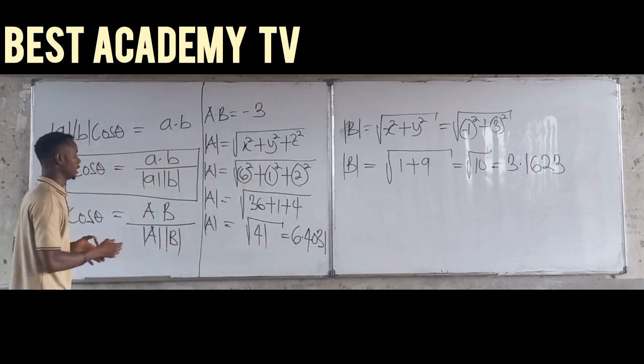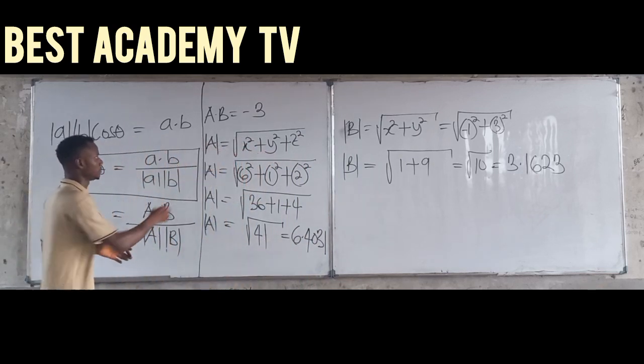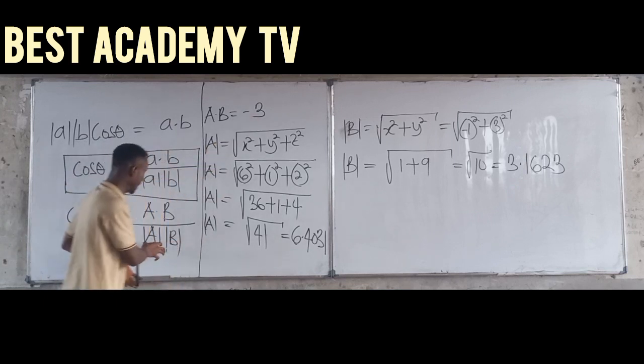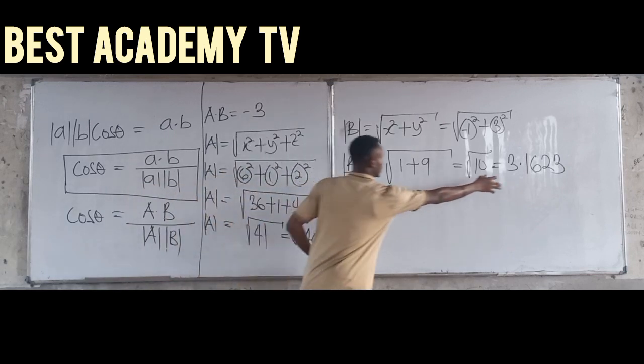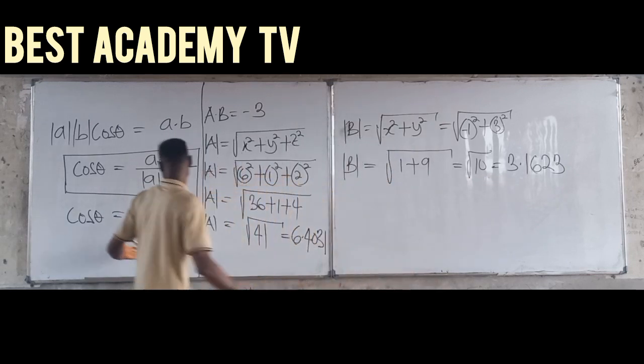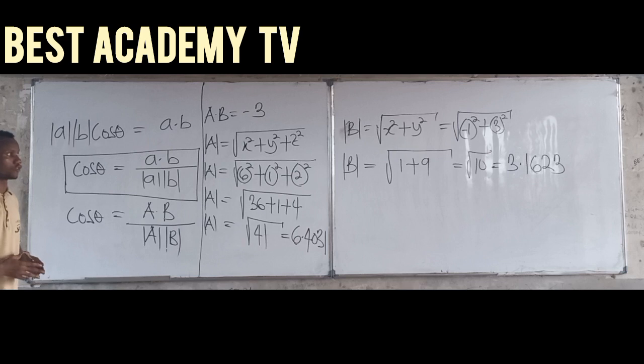So at this point here, we know our A dot B. Please take note. We know our A magnitude. We know our B magnitude. That means I can now replace into this and make theta the subject of the formula.